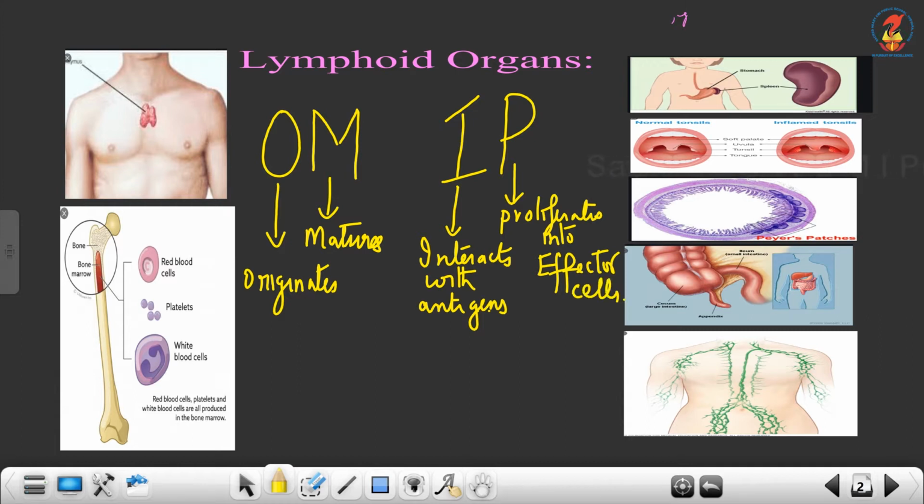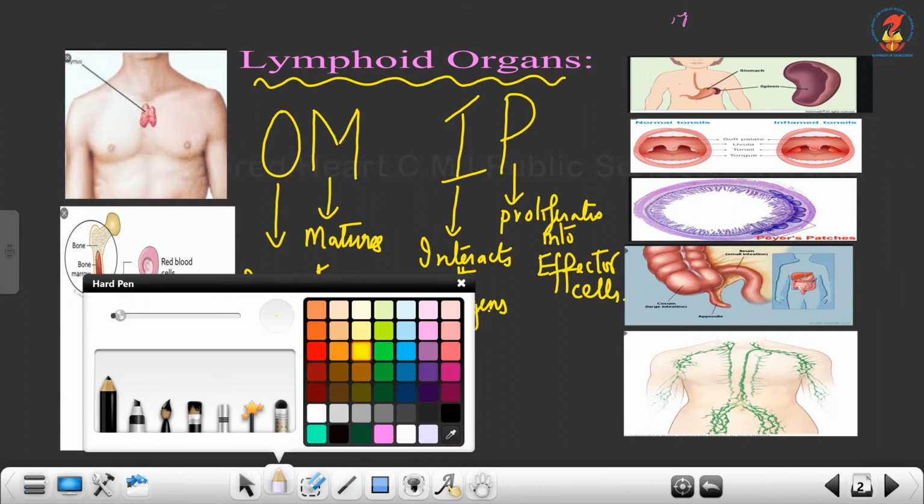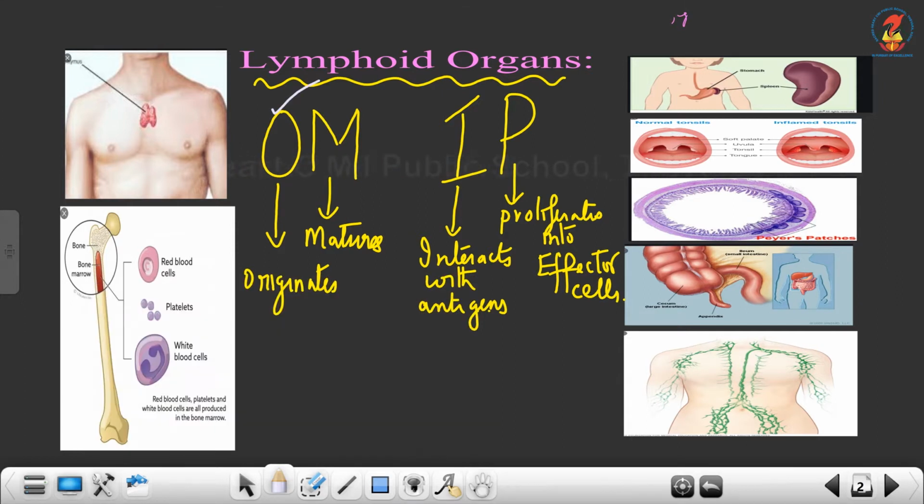So the general definition for lymphoid organs is: lymphoid organs are organs where lymphocytes originate, mature, interact with antigens and proliferate into effector cells.